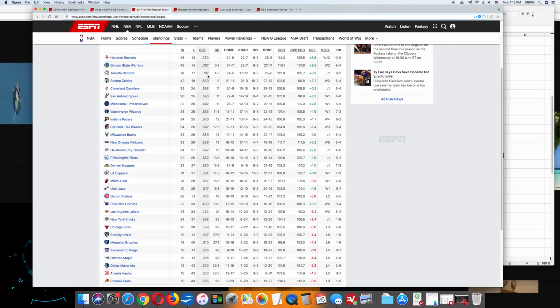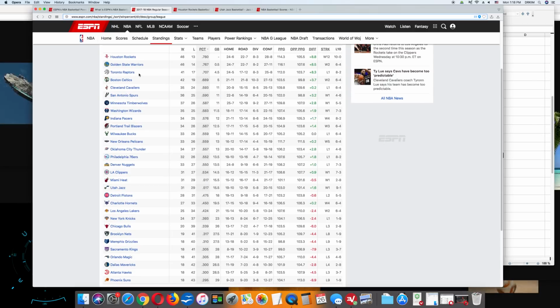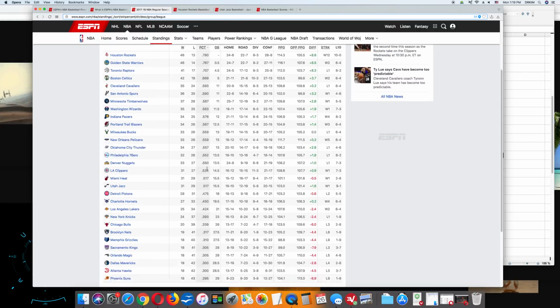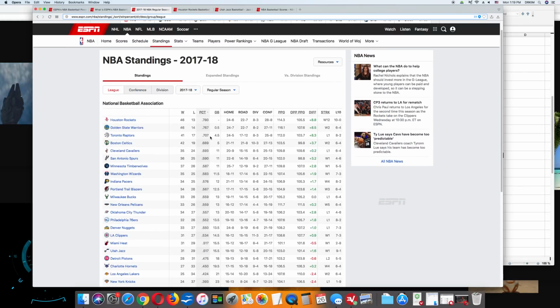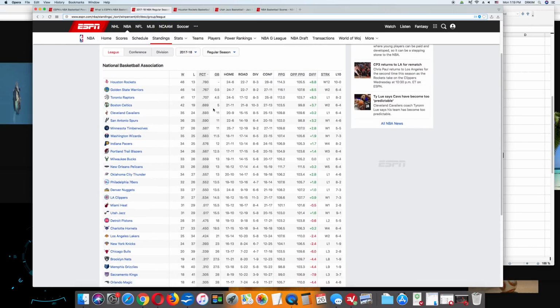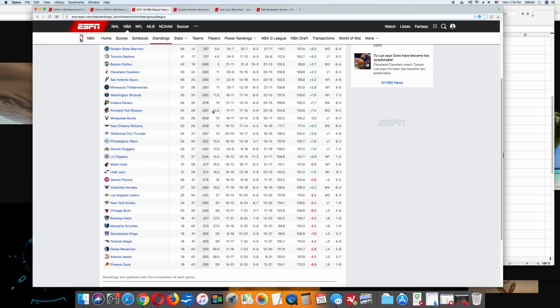But most teams, starting from the Toronto Raptors, are within this cluster of 70% and 40%. Now you have outliers at the bottom who have won less than 40% of their games, and you have outliers at the top, such as Golden State Warriors and Houston Rockets, who have won above 70%. But the vast majority of teams are within the 70-40 range.